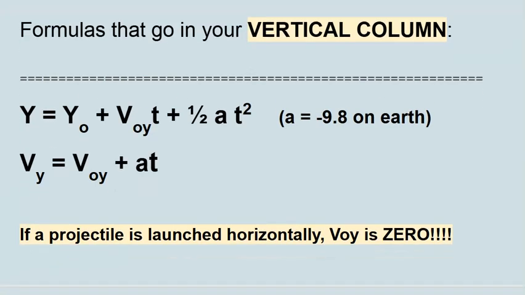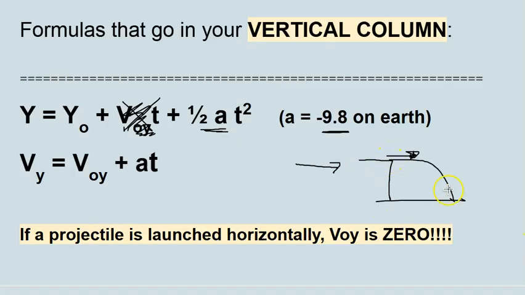But in your vertical Sudoku, you are going to have an acceleration of negative 9.8. For this problem, you're not going to have a V naught Y because it's launched horizontally. That's the other mistake people make. This is a classic, or it used to be before they changed the AP, a trick question, an easy way to test: do some vertical, do some horizontal, show how they're connected.